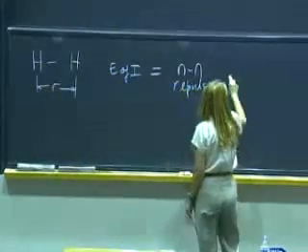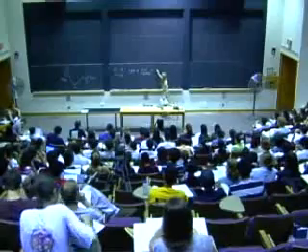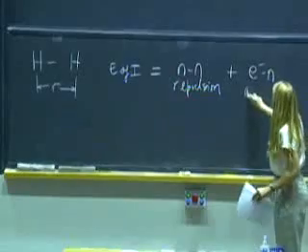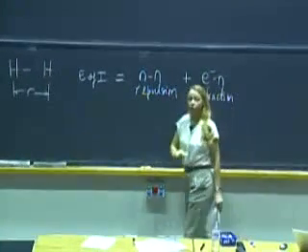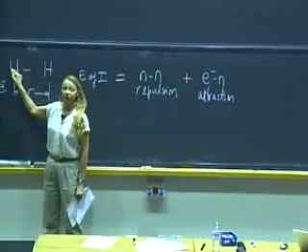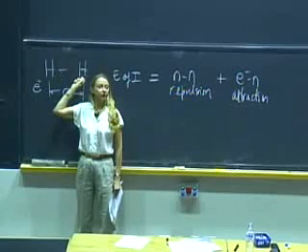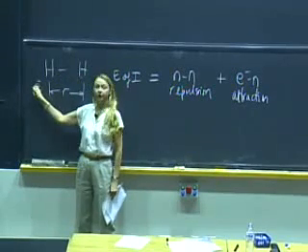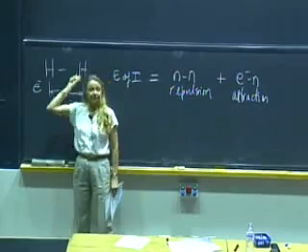In addition to that, there is the electron-nuclear attraction, between the electron on the original nucleus and, when the two hydrogens get close enough, the attraction to the other nucleus.